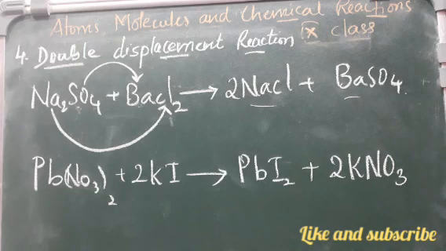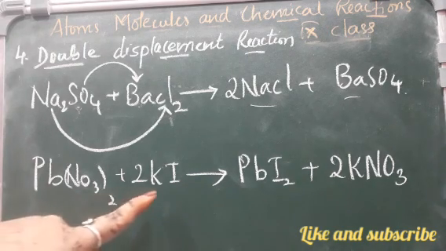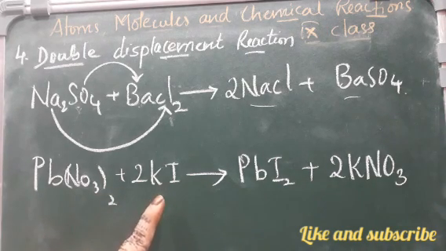One more example we can take: lead nitrate when mixed with potassium iodide forms lead iodide and potassium nitrate solution. Here a yellow colored precipitate is formed which is not soluble in water.